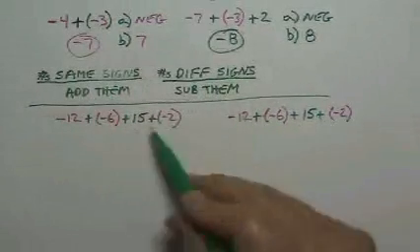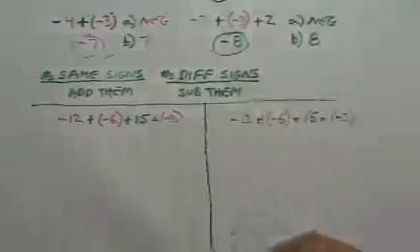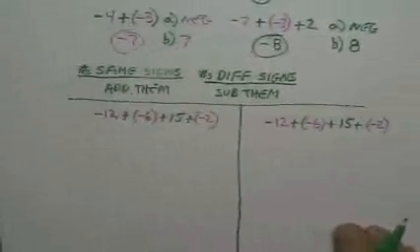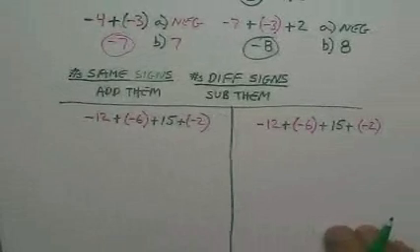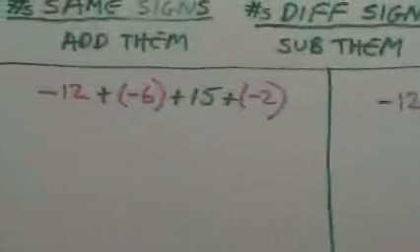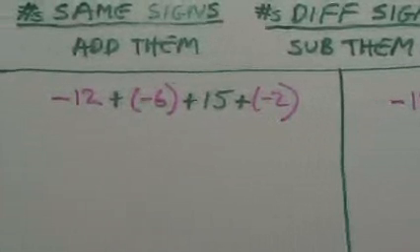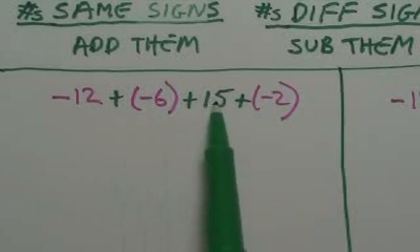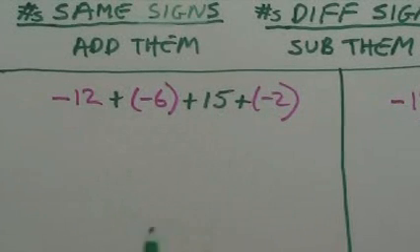Now I'm going to show you two of the same problems, but we'll do them different ways. It's the same problem. Let me go ahead and zoom in on that so you can see it. So we have negative 12, negative 6, 15, and negative 2.